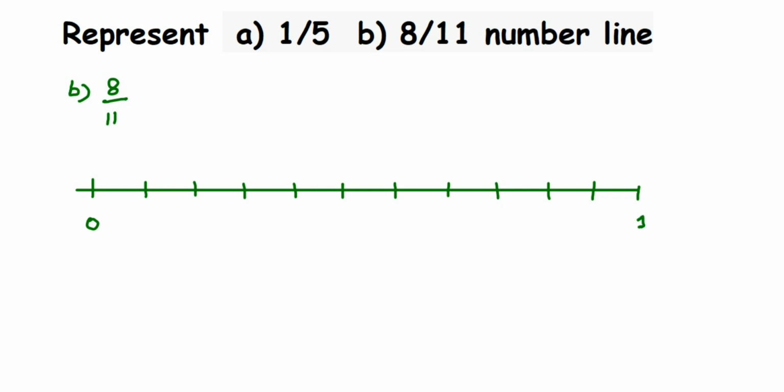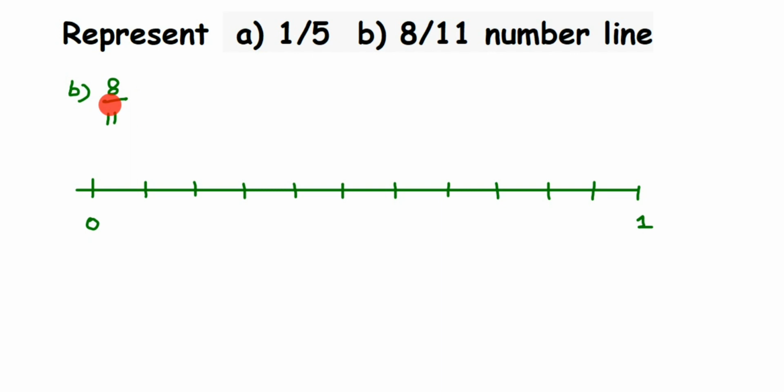Now in case this number 8 by 11 doesn't fall between 0 to 1, then you have to check the next one, 1 to 2. Again you have to make 11 equal parts and then do it. Now like I said before, I know that 8 by 11 lies between 0 and 1. How can I say that? Because this fraction is a proper fraction.